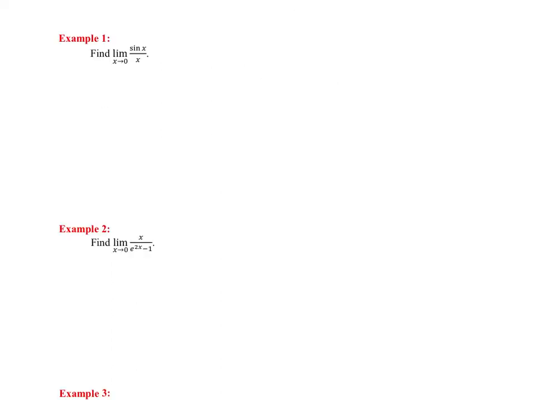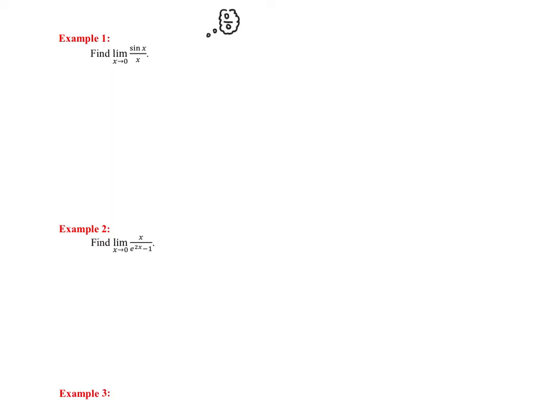All right, let's take a look at example 1 here. If I were to take a traditional approach to this question, I would simply insert a 0 in for x in both numerator and denominator. Notice in this case we would get sine of 0, which is 0 over 0, which of course is an indeterminate form of which L'Hopital's rule applies.